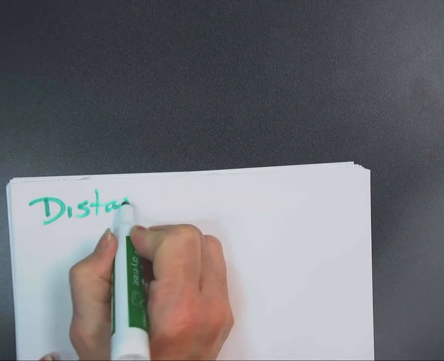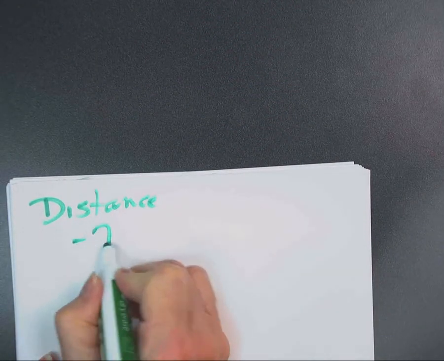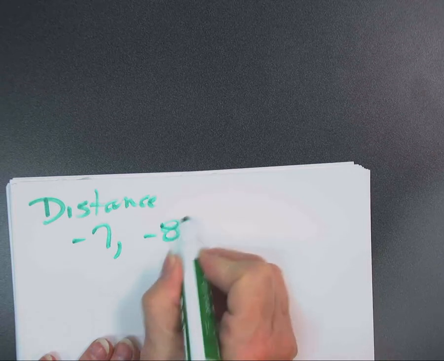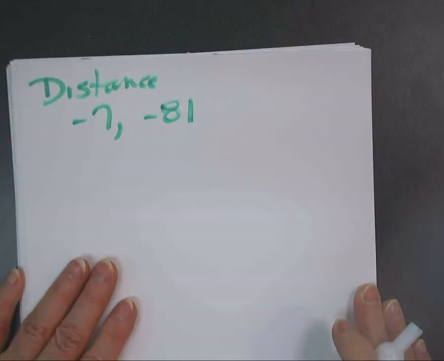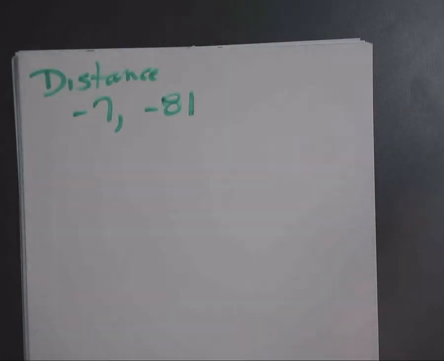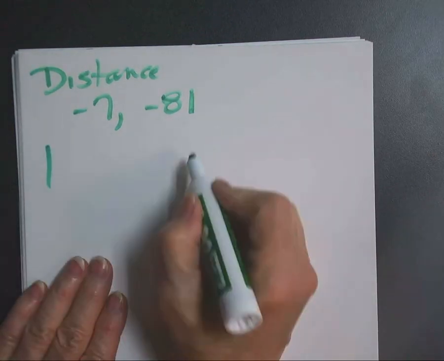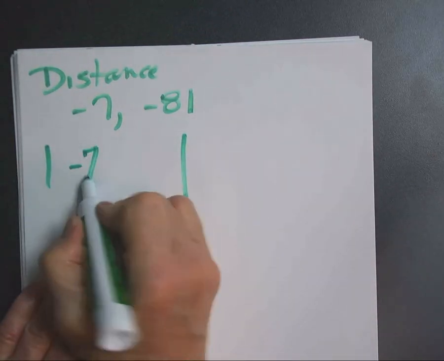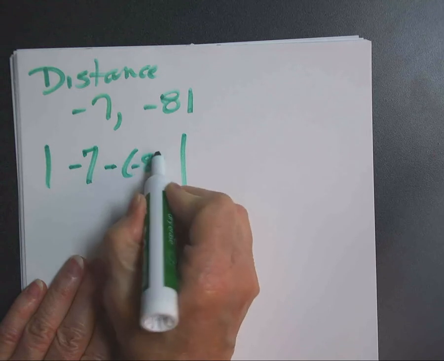Okay. And the distance between -7 and -81. Remember you do the absolute value of the first one minus the second one.